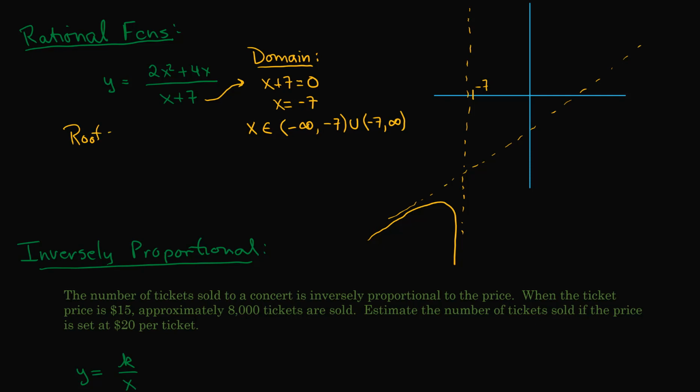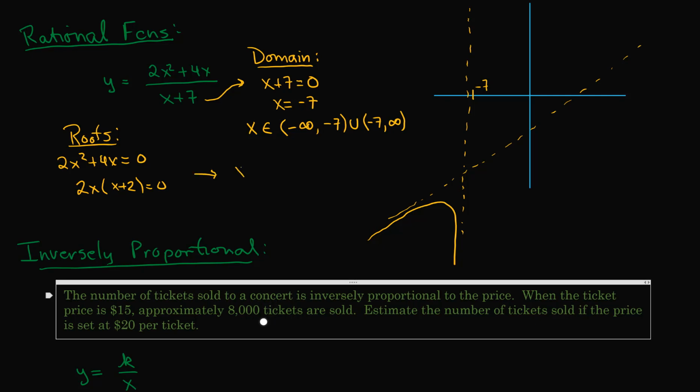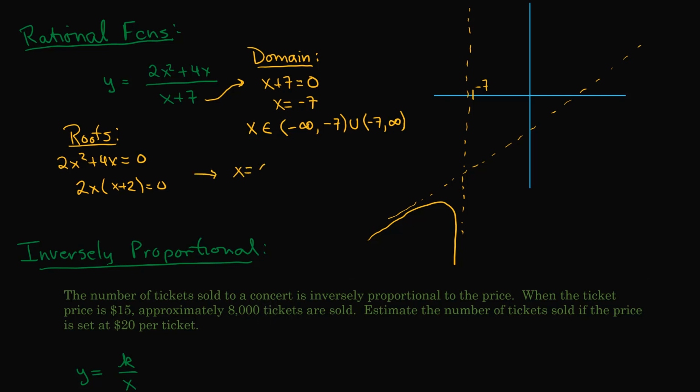The roots occur where the numerator, this 2x squared plus 4x equals 0. This actually gives us 2x times x plus 2 equals 0, which then gives us roots at x is equal to 0, or the x plus 2 equals 0 gives us a value of -2.